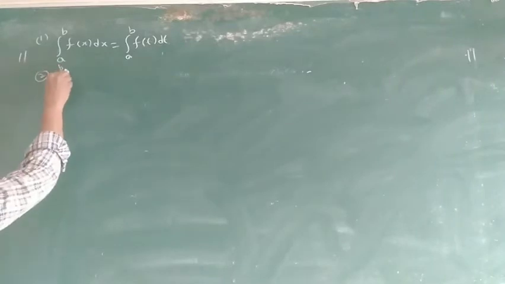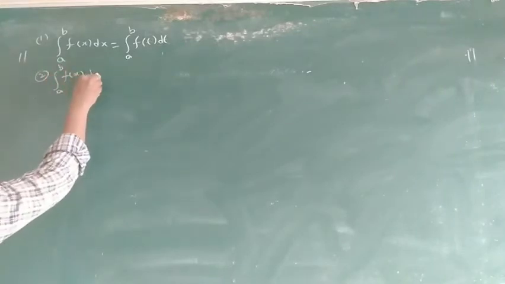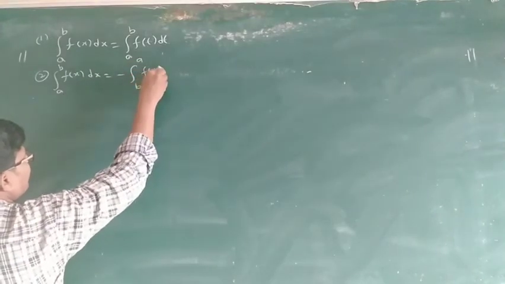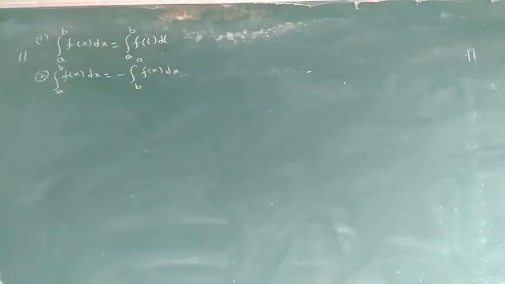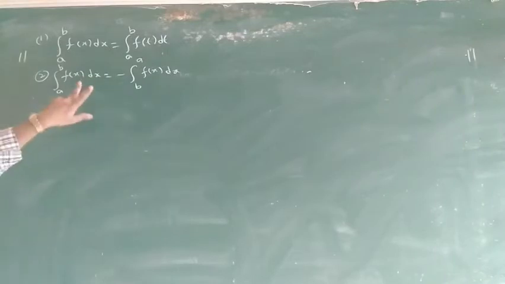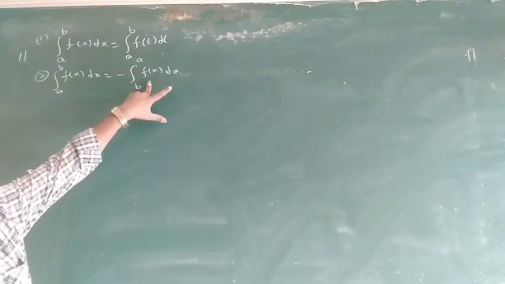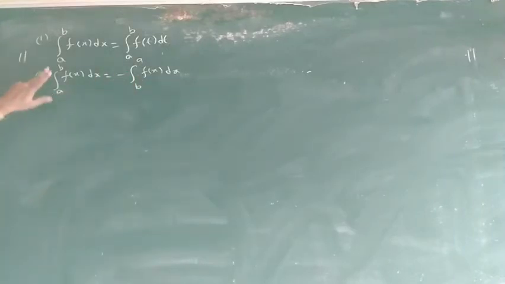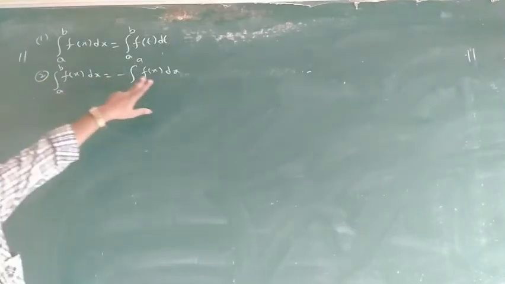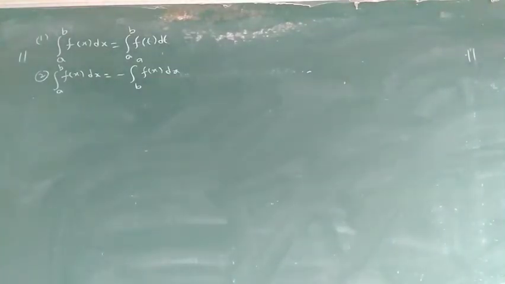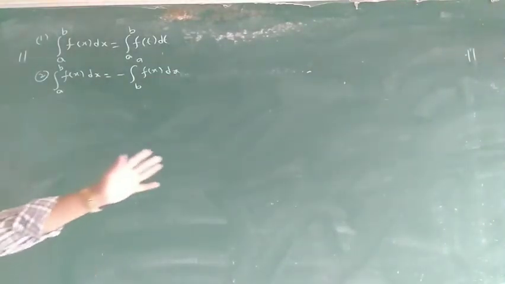Integral a to b f of x dx is equal to minus integral b to a f of x dx. Interchange the limits, and the sign will be changed. The value is the same, but the sign changes.